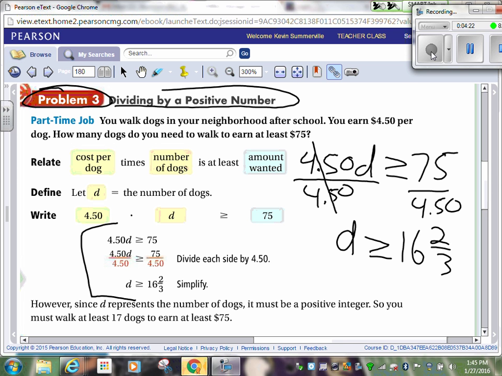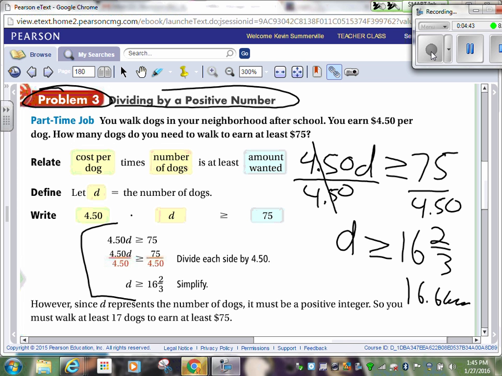They took the decimal and changed it to a fraction. So instead of writing 16.66666, you can write it like that, or just write 16 2/3. Okay? So that's how you did the problem.